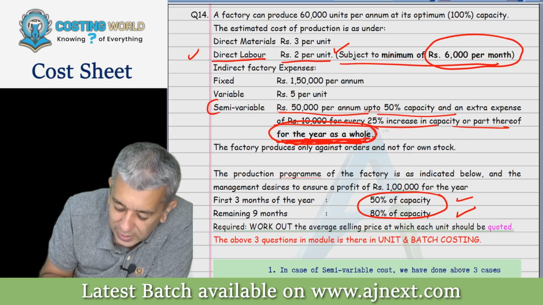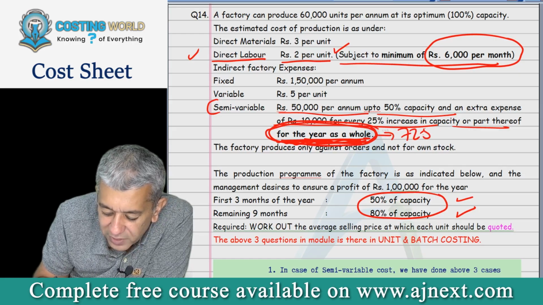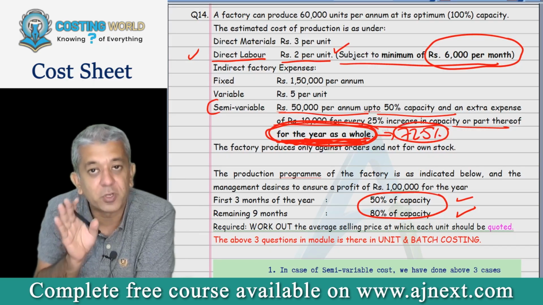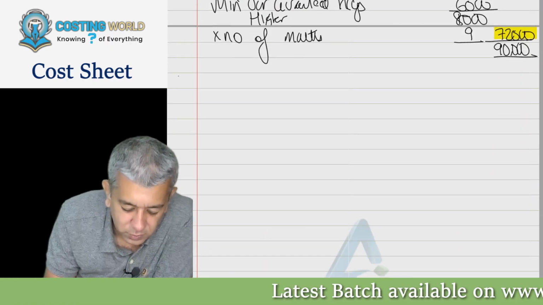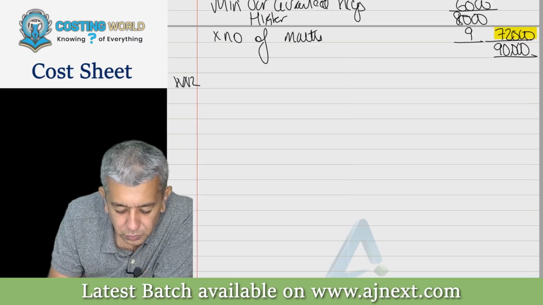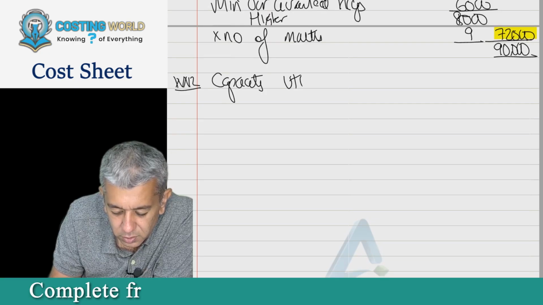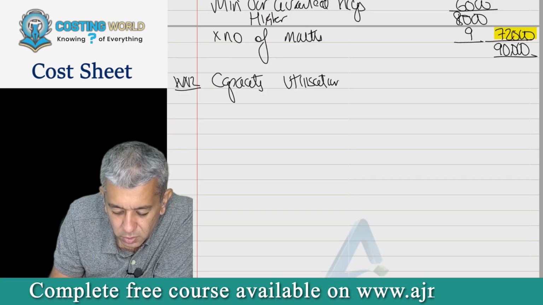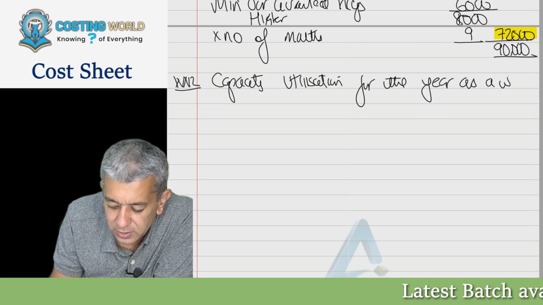So this sentence, once you read, you should have got that 72.5%. Let me first of all compute that 72.5% and then we shall continue. Write down please, working note 2. Capacity utilization for the year as a whole.